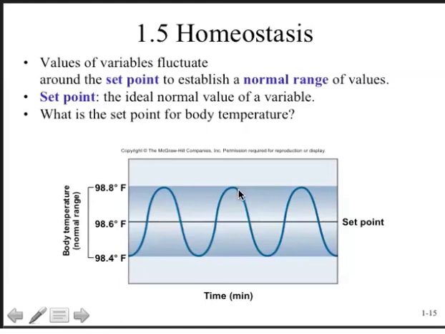You'll begin to sweat. As the sweat dries, that'll cool the blood. As the blood cools, that'll cool the body. And as a result, our temperature will begin to drop back down towards the set point and then perhaps below it, and then the entire cycle would start again. So that's just an example of the body's attempt to try and maintain these variables within a nice tight range.